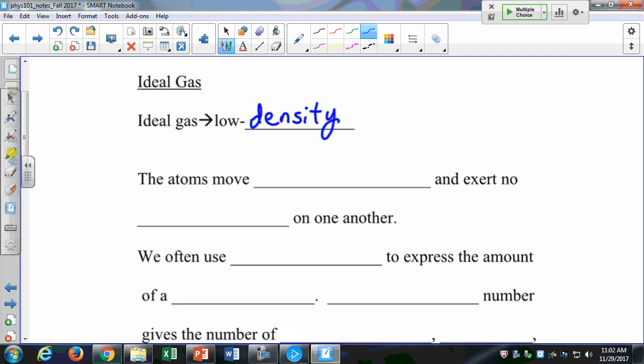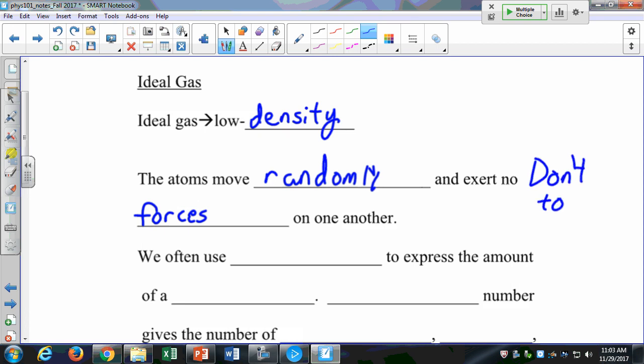Atoms move randomly and exert no forces on one another. They don't touch. When we say the gas particles don't exert forces on one another, they just don't touch. They might interact some, but they don't touch.